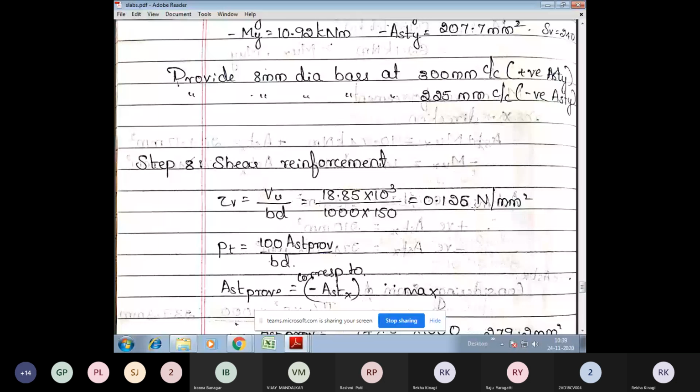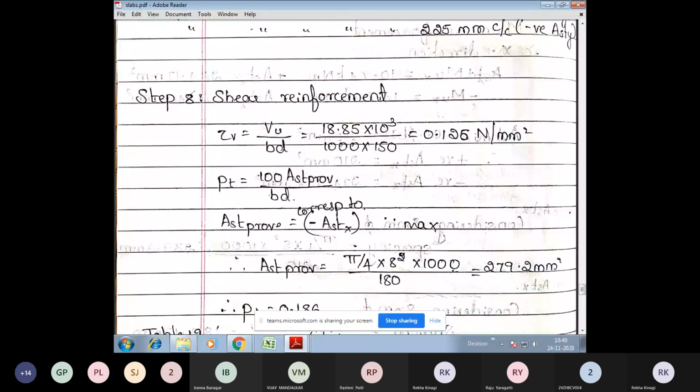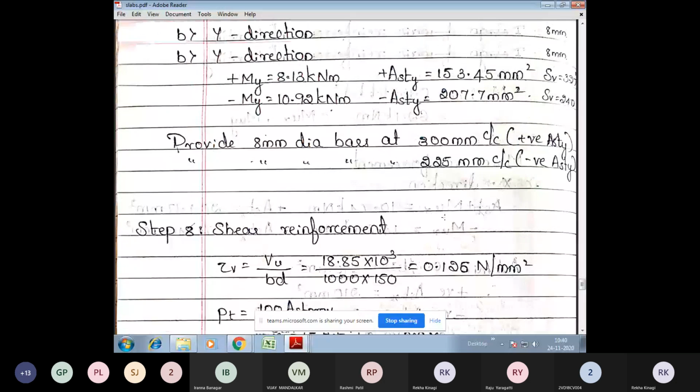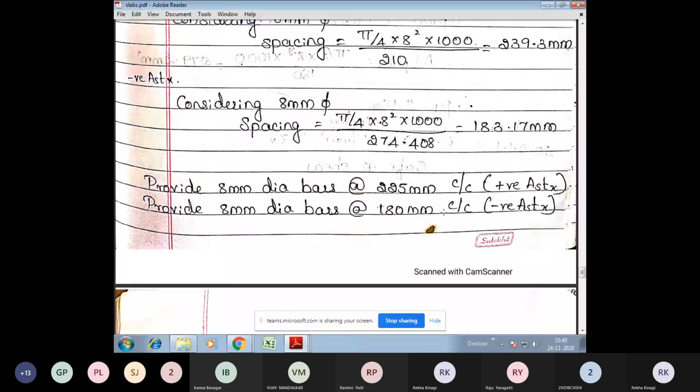And PT value is 100 AST provided divided by bd. Here in case of AST provided, there are 4 AST provided, 2 in the Y direction, 2 in the X direction.